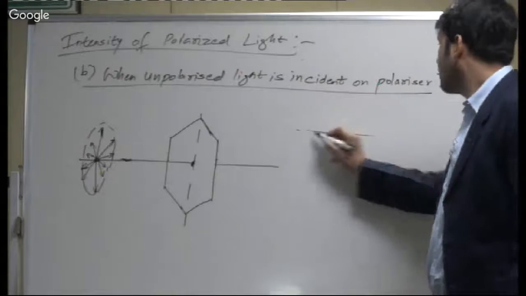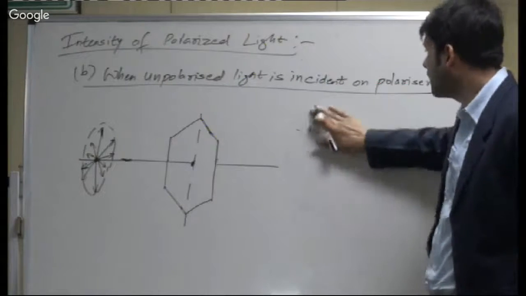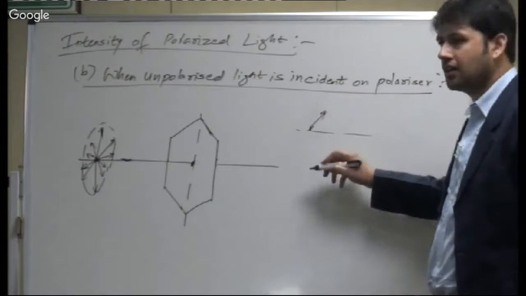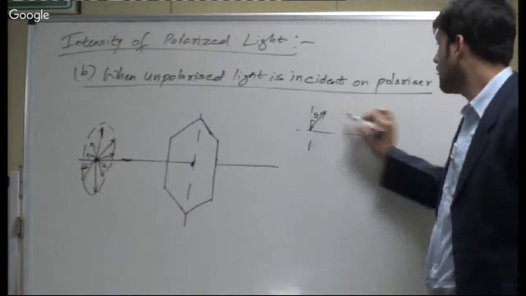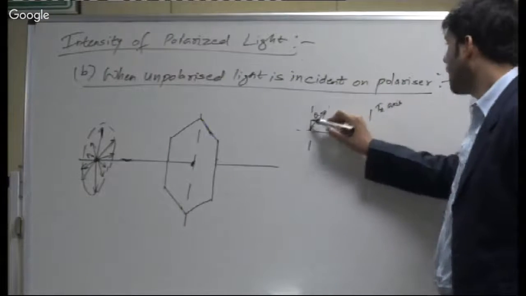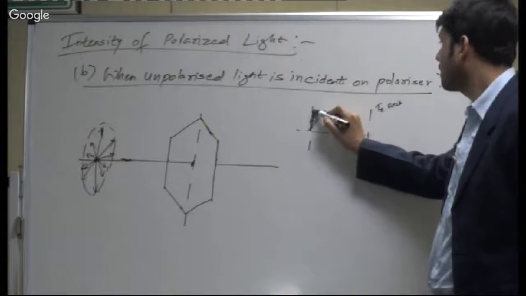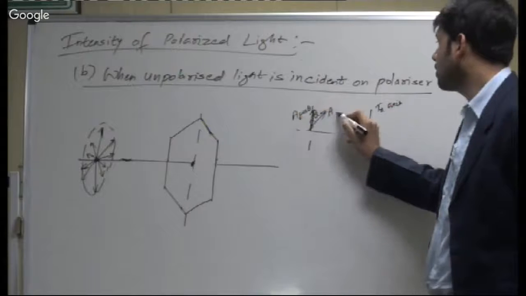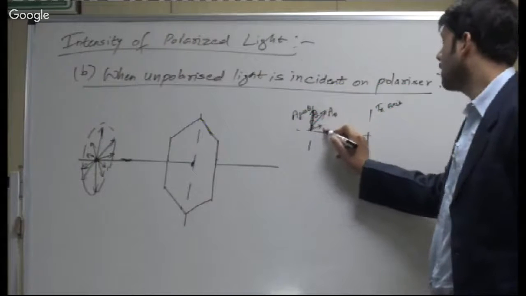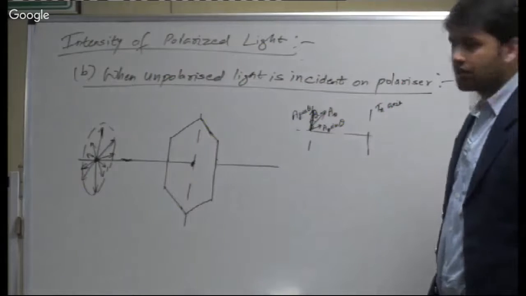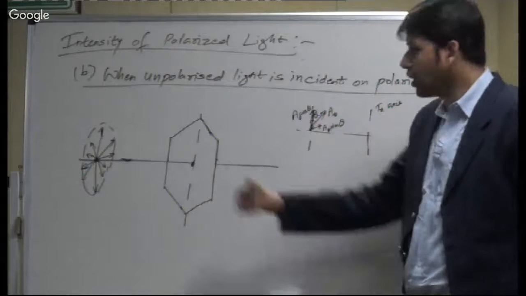If we have an oscillation at this angle theta, a naught cos theta passes through, and a naught sin theta is blocked. We already know it. This is for one single oscillation. What about this collection?